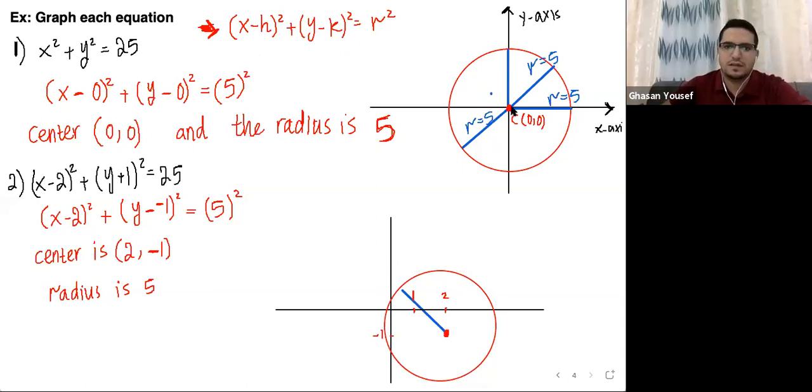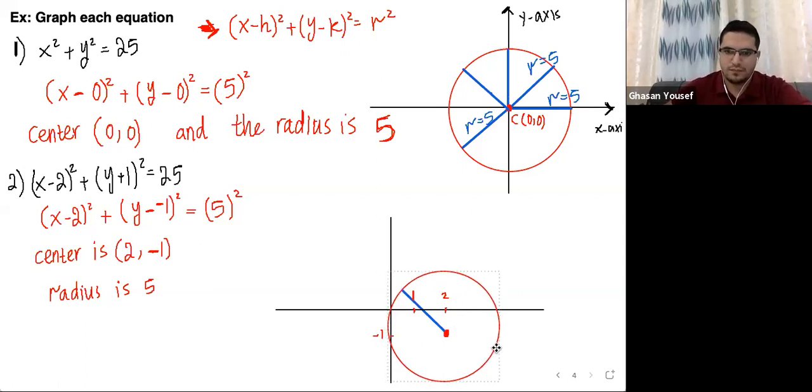So this is the circle, the graph of the circle. Again, this is my radius. This is the radius here. The same radius for all points from the center.